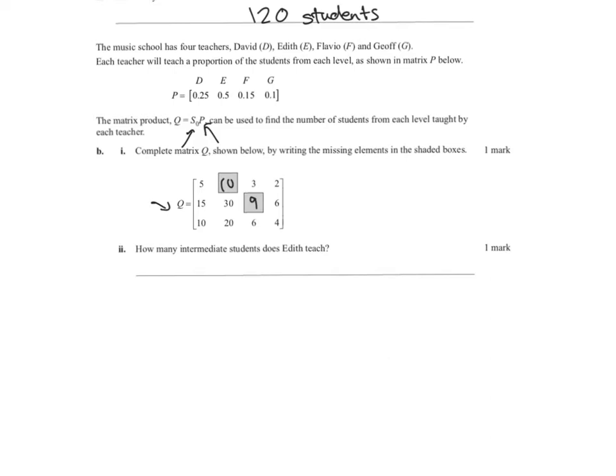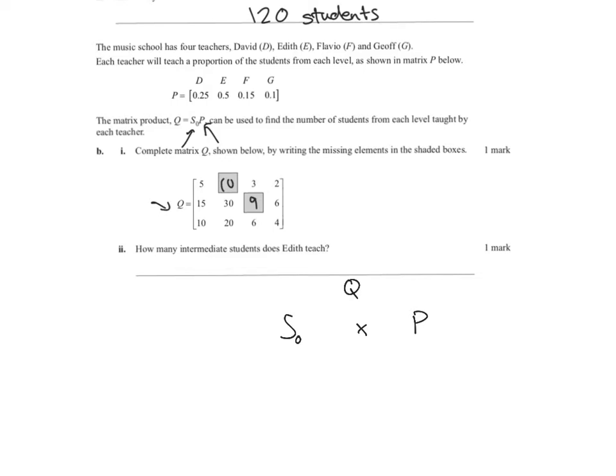Question 2. How many intermediate students does Edith teach? If we're trying to work that out, I'm just going to quickly show you something. If we look at matrix Q, that was our initial state, S, times our P matrix. This is a handy thing if you're trying to work out what the elements might mean.